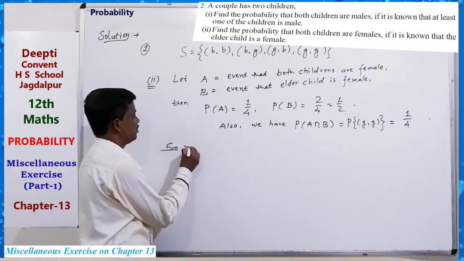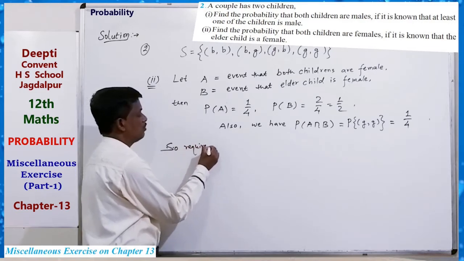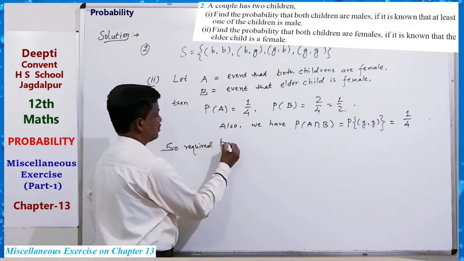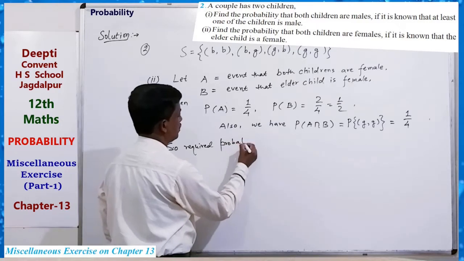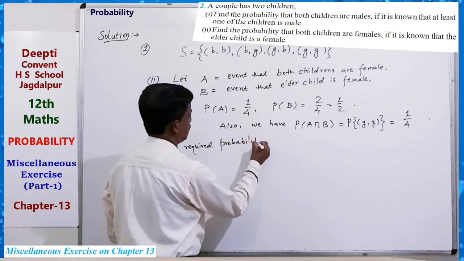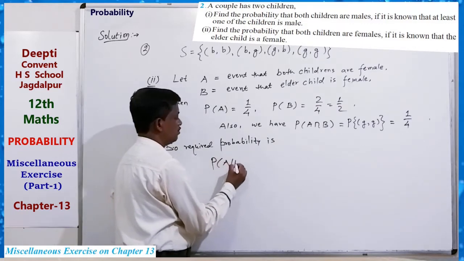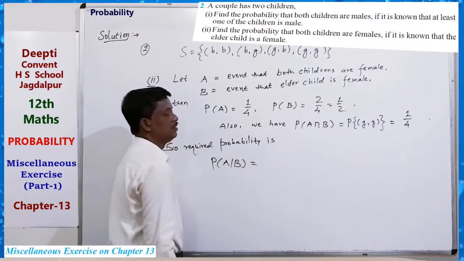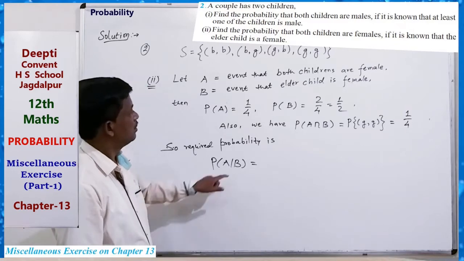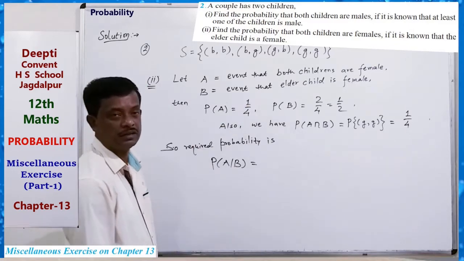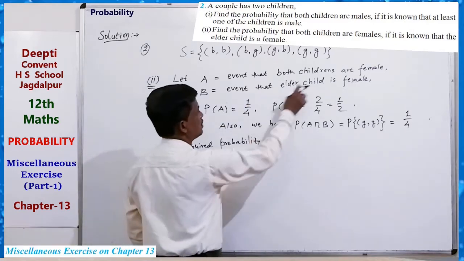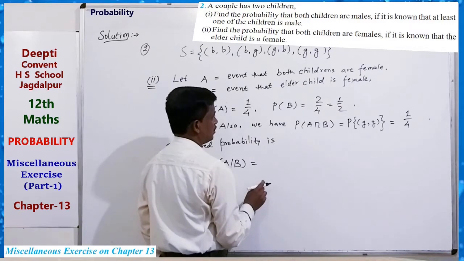So the required probability here is P(A|B), which means the elder child is female.